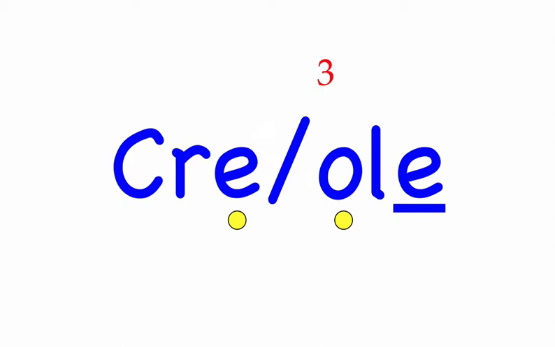Syllable rule 3 is in effect here because 2 vowels are next to one another, but they do not join together and form a team. So we separate the syllable between those 2 vowels. And then we associate vowel group numbers with our vowel sounds. Creole. And we capitalize the C in Creole because Creole refers to an ethnic group of people.